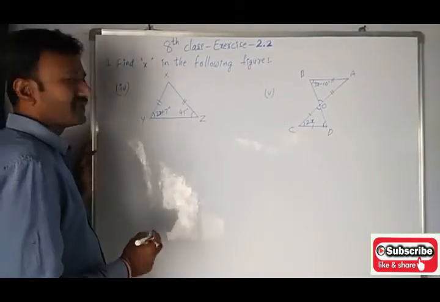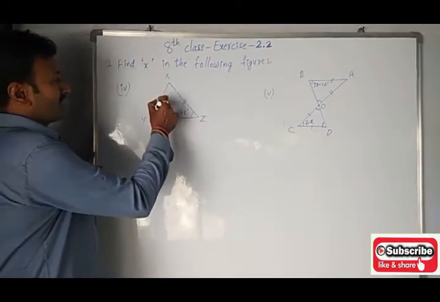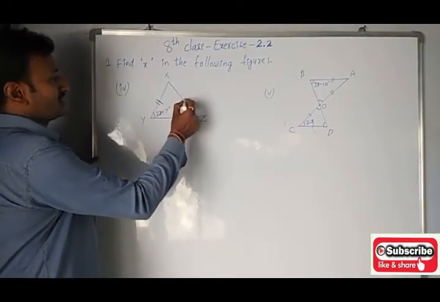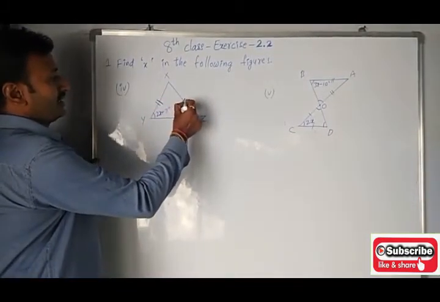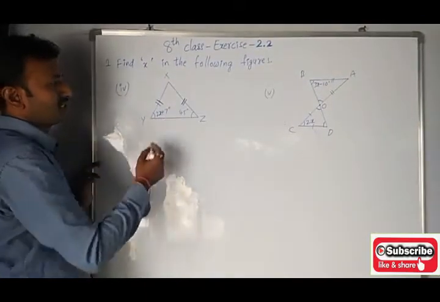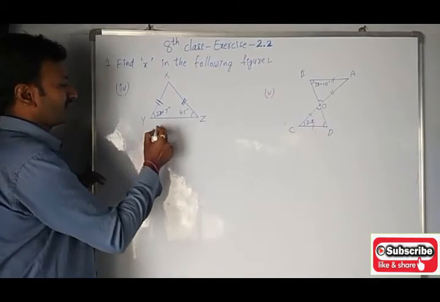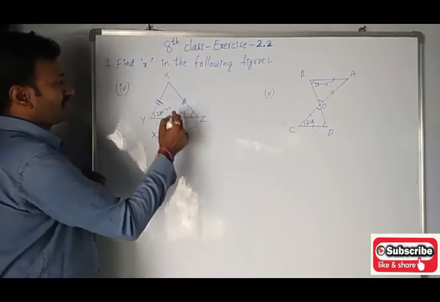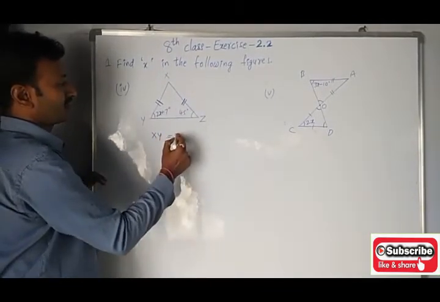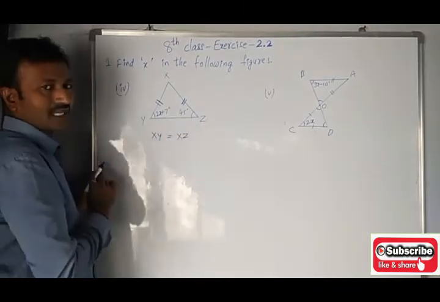By the figure we have to understand. Here two lines are drawn on these two sides, XY and XZ. So this is nothing but they are equal. So according to the given condition, XY length is equal to XZ length.